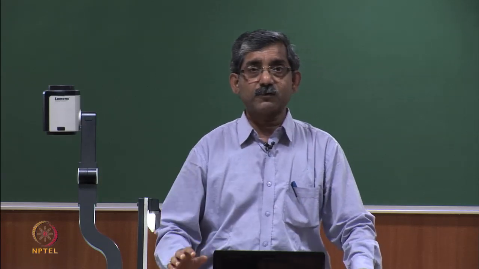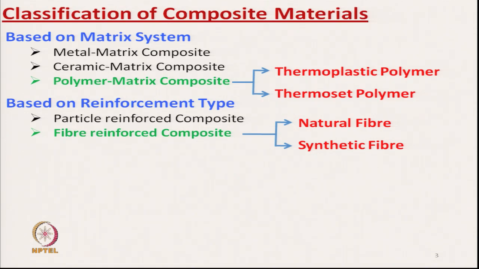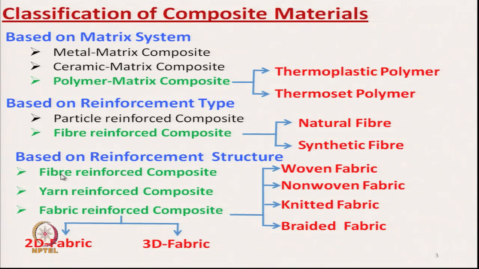And reinforcement type is basically of two types, one is particle type reinforcement and next is fiber type reinforcement. And fiber reinforcement is of two types, one is natural fiber reinforced composite and next is synthetic fiber reinforced composite.